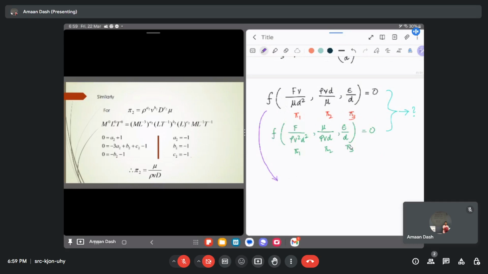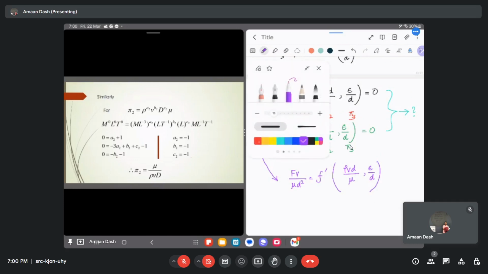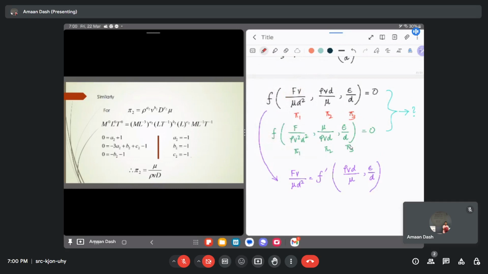We have already discussed that this f v by mu times d square is equal to some other function, let's say f dash of rho v d by mu, and this will be epsilon by d. Okay. So if you see, I divide both sides by v square. Not v square, let me take v cube. So if I divide by v cube, you see, this v and v will cancel out. This will be v square, and here also we will be getting v square. Correct.